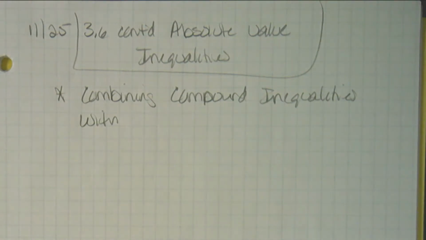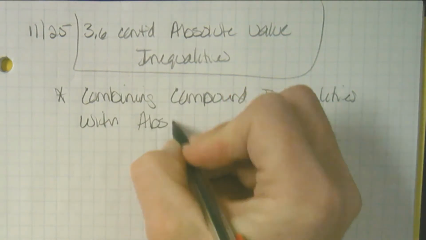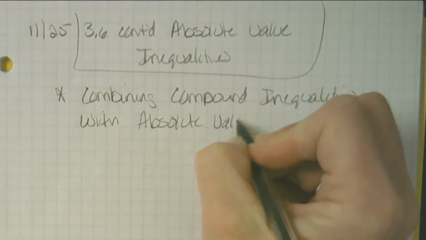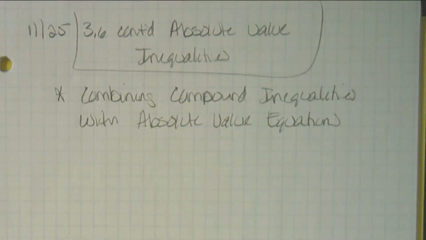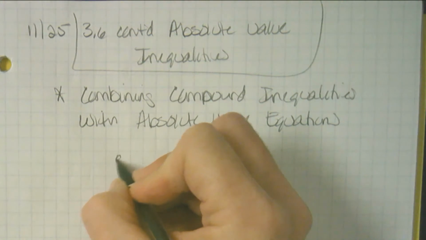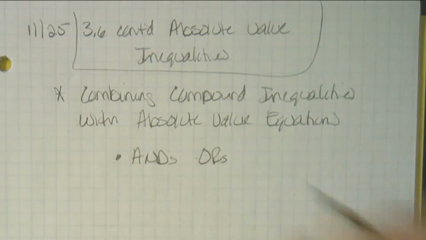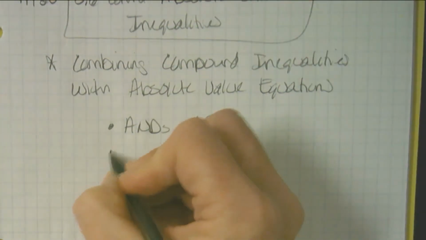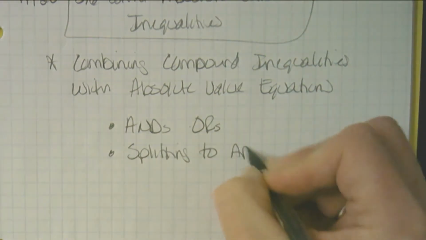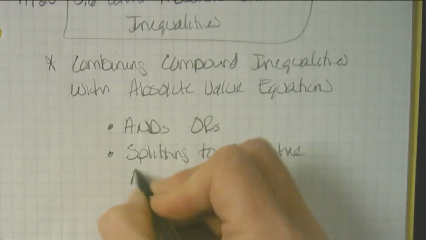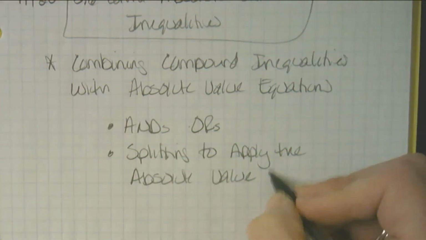Okay. So we're going to combine compound inequalities with absolute value equations. All right, so the things that we need to think about are, we have ands, we have ors, and we have splitting to apply the absolute value operation.